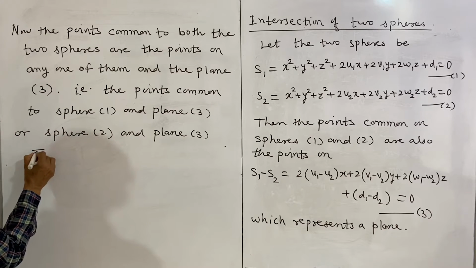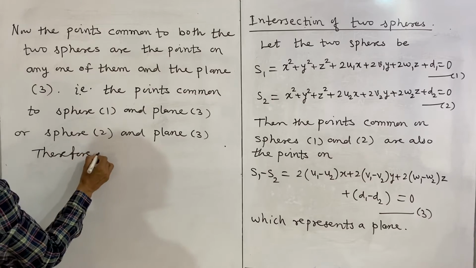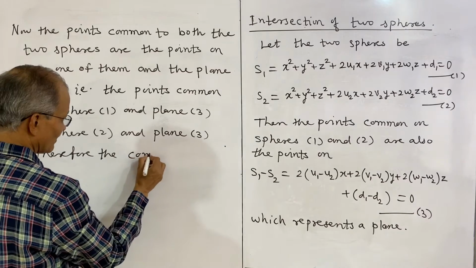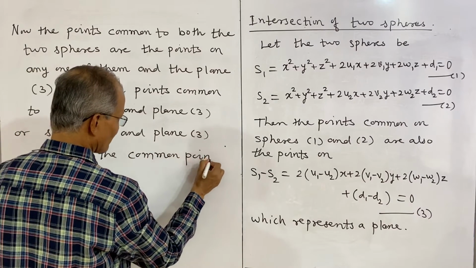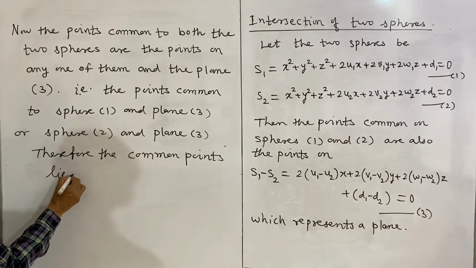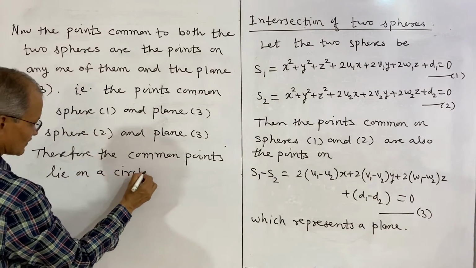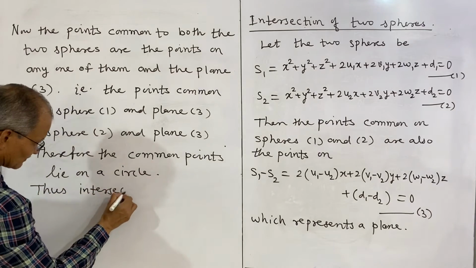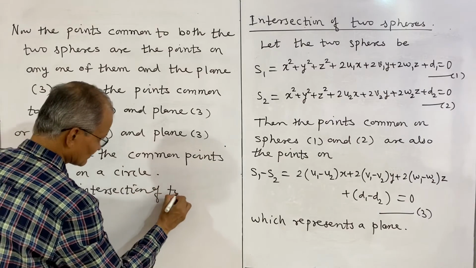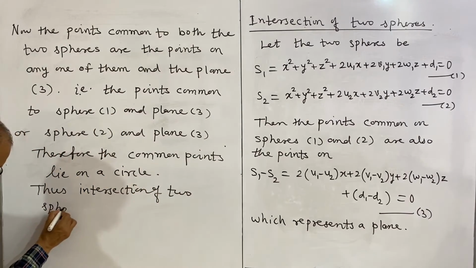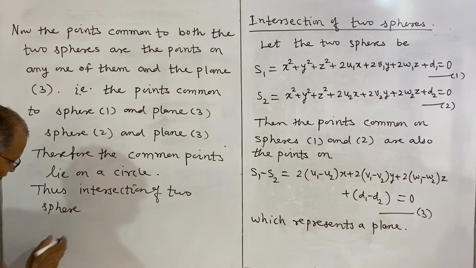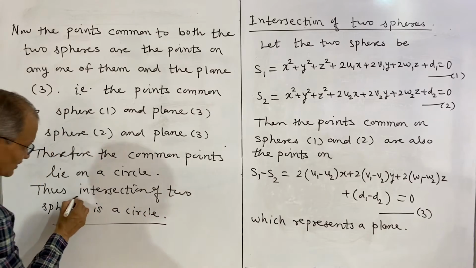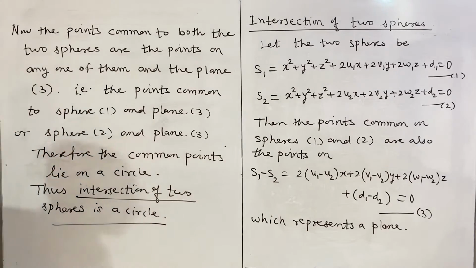So therefore the common points lie on a circle, and thus intersection of two spheres is a circle. So this is a result that we have proved, intersection of two spheres is a circle.